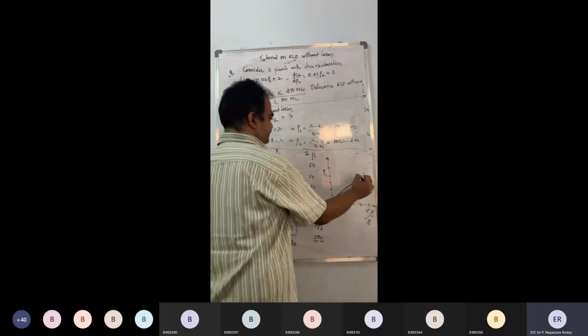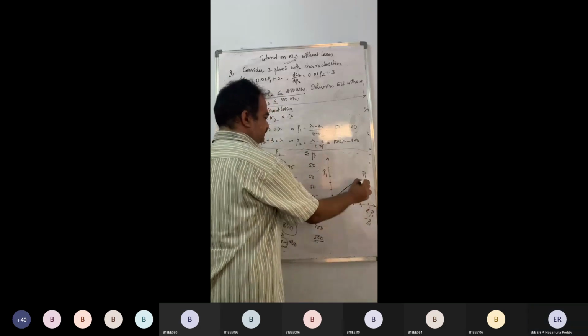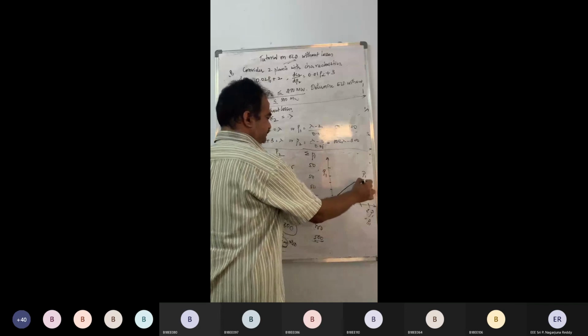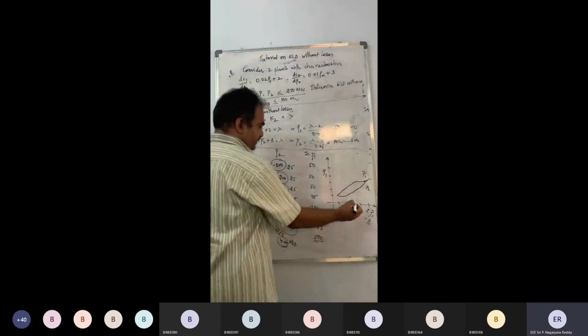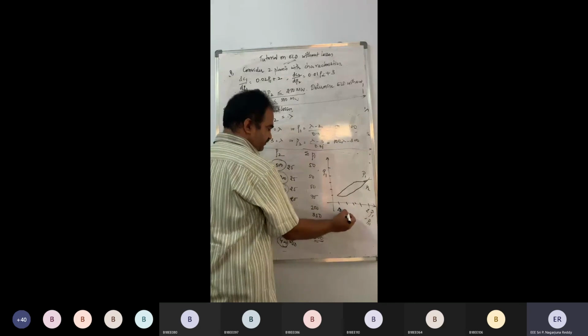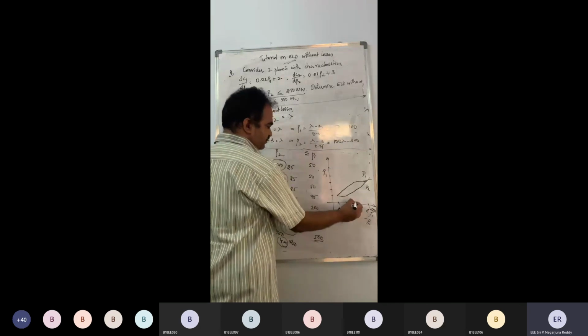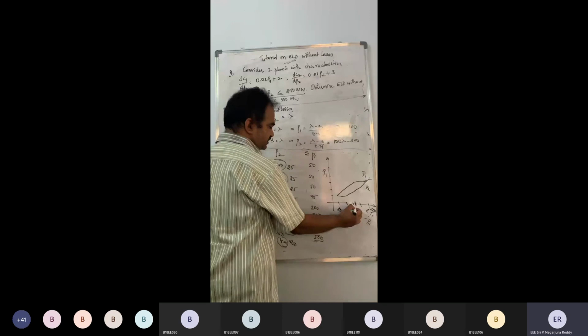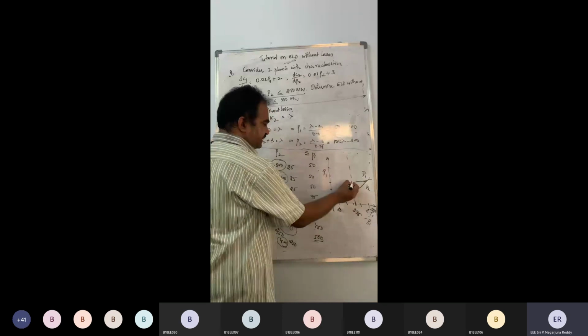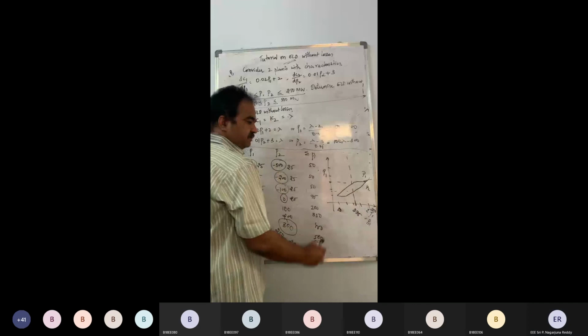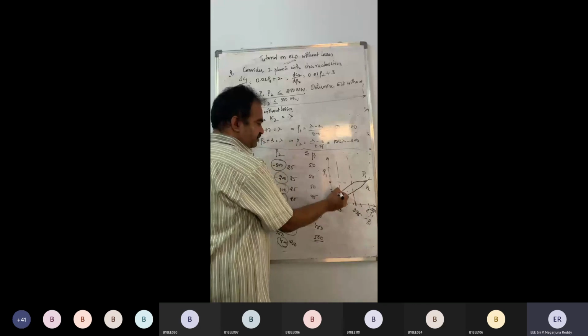So this one is going to be P1, the other one is going to be P2. So if I want any generation in between, I have drawn here up to 50 to 100 megawatt. If I want any single generation, say this P75, I'll just draw a straight line, and this is going to be my P1, this is going to be my P. Any intermediate value, I can go with these.